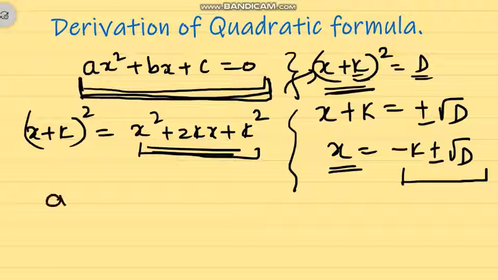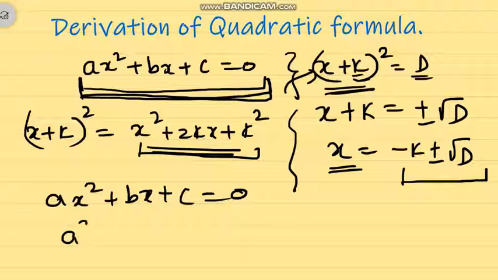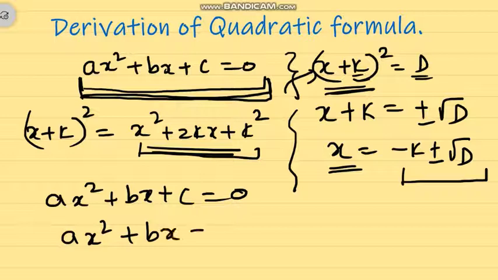Now see, ax square plus bx plus c equal to 0 can be written as ax square plus bx equal to minus c.